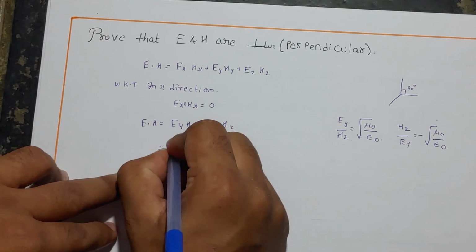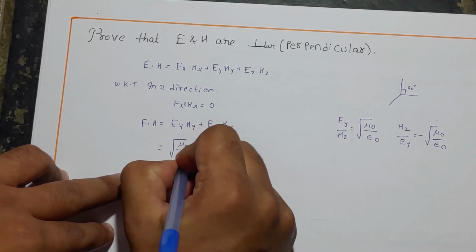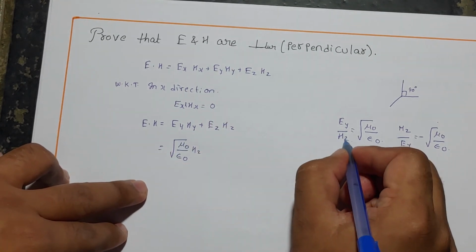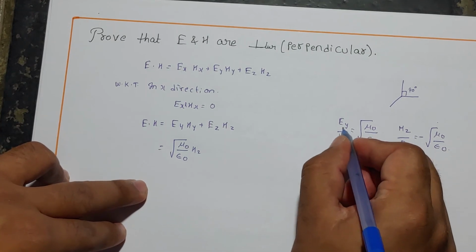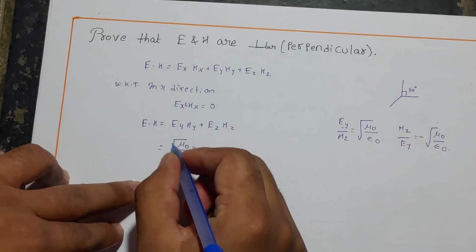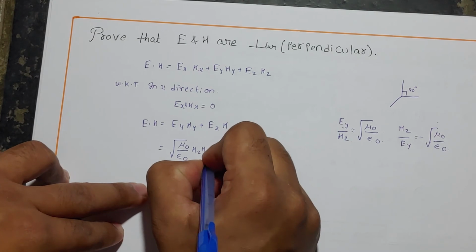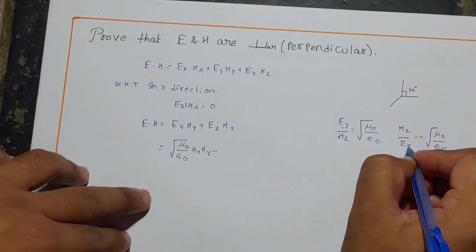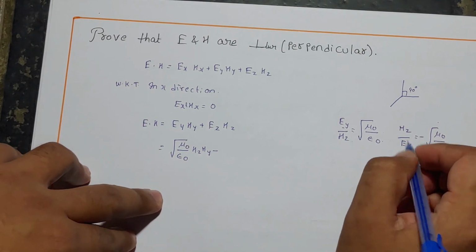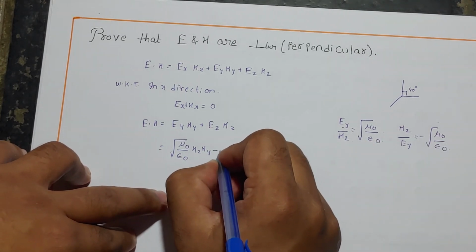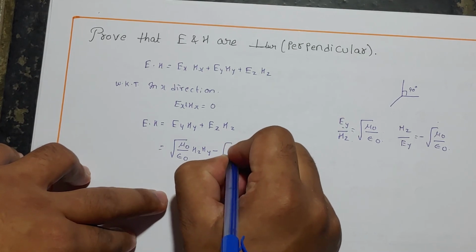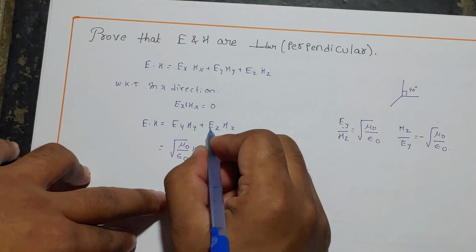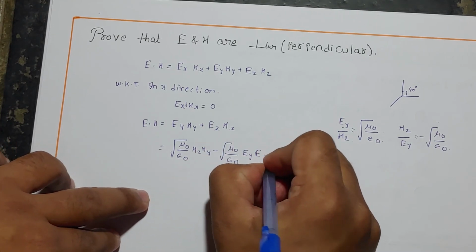That is square root of mu naught by epsilon naught Hz in the place of, let us take this Hz in this shape and write Ey in the place of this equation, and Hy minus, let us take Ey in this term and write in the Hz term, that is minus square root of mu naught by epsilon naught into Ey in the place of Hz and multiplied by Ez.